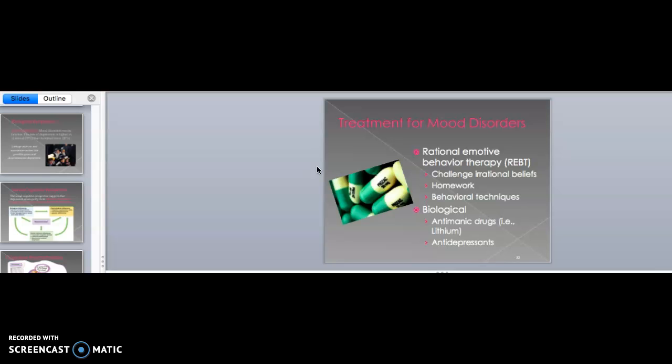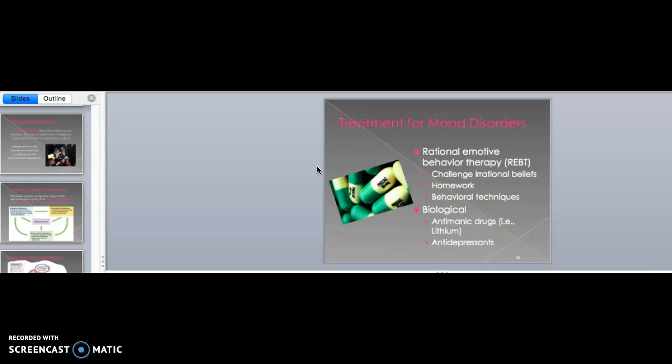And so the person might also be seeing a therapist and working through some of these things, but also taking anti-manic drugs.